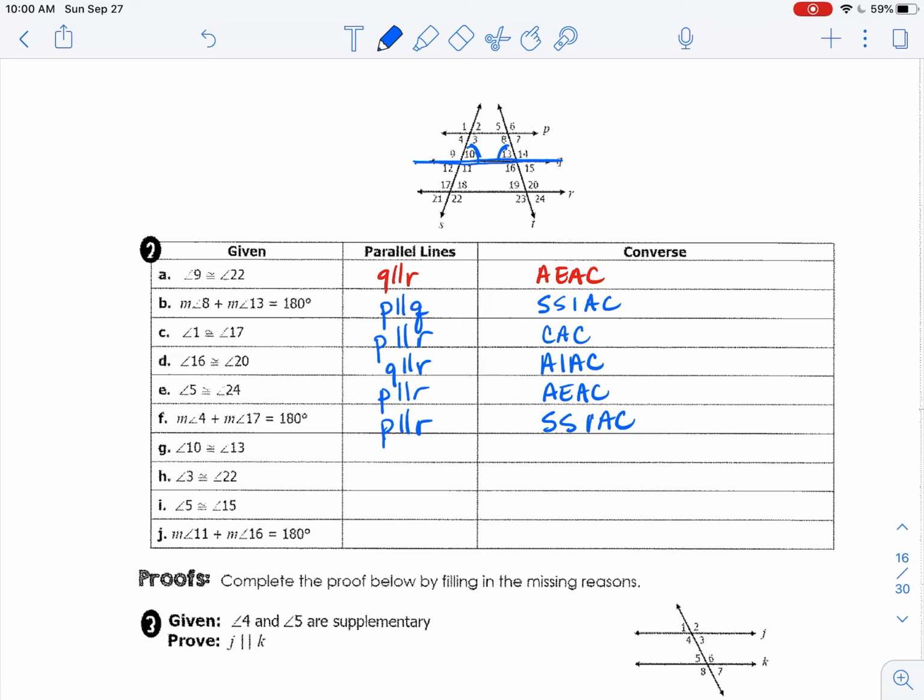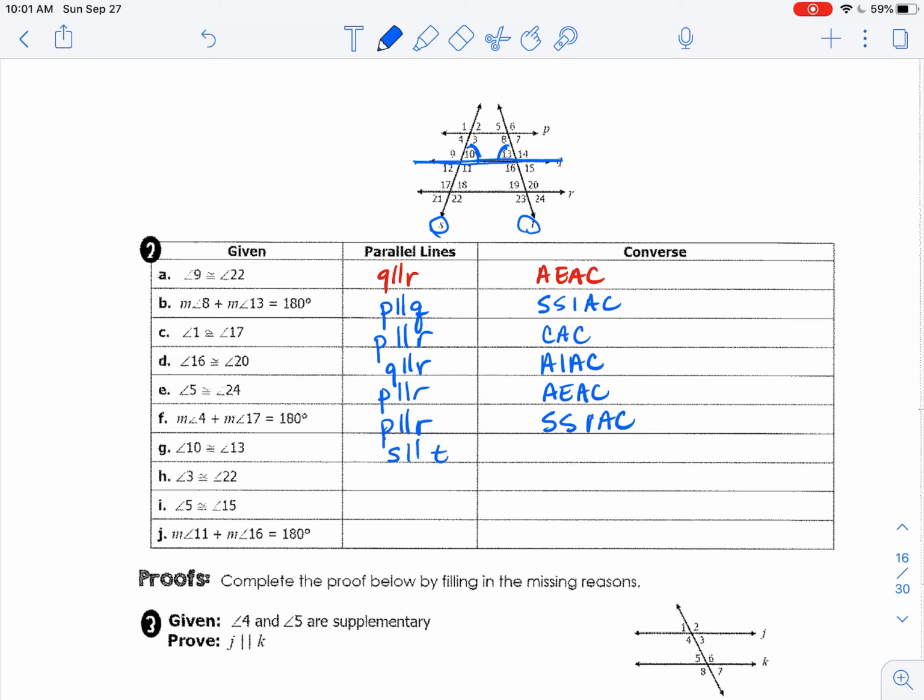Okay, and so on this one, we can say that S is parallel to T. And the perpendicular transversal theorem is what we're going to use to justify. So S is parallel to T.